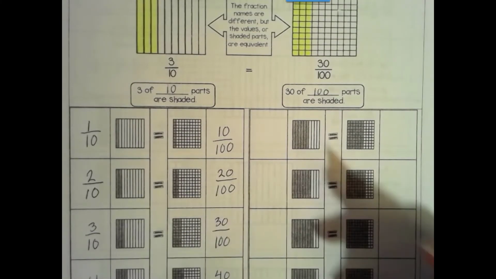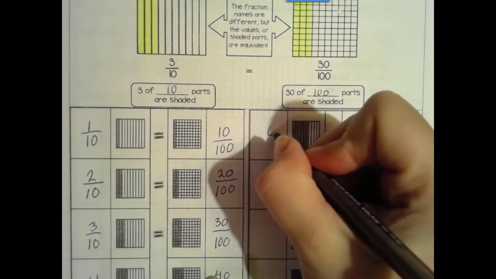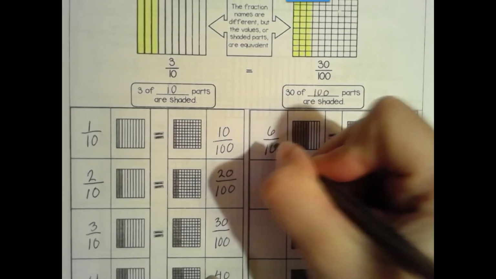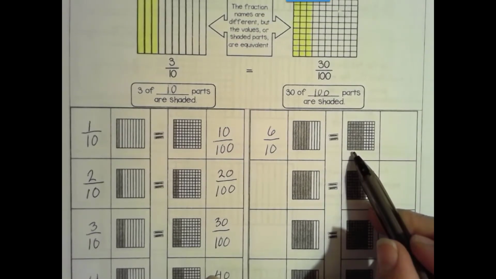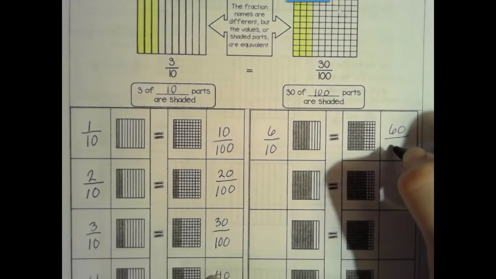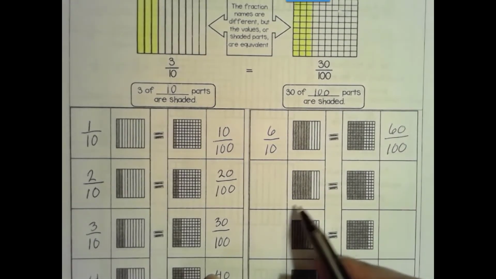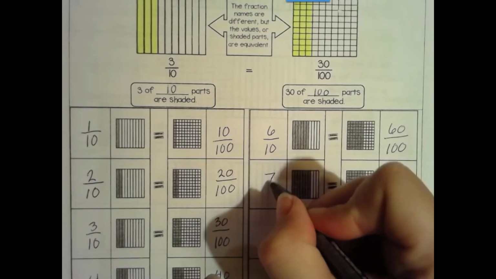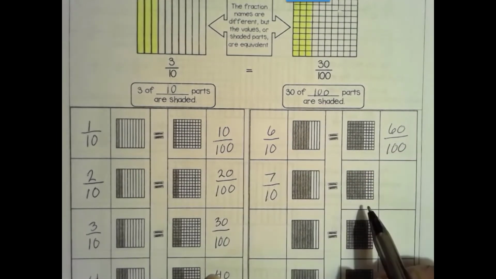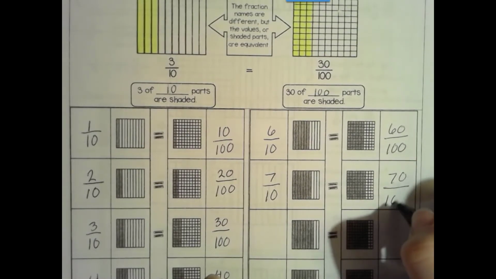Okay, here we have 1, 2, 3, 4, 5, 6/10, and 10, 20, 30, 40, 50, 60 100ths. With one more, we have 7/10, 10 more, 70 100ths.